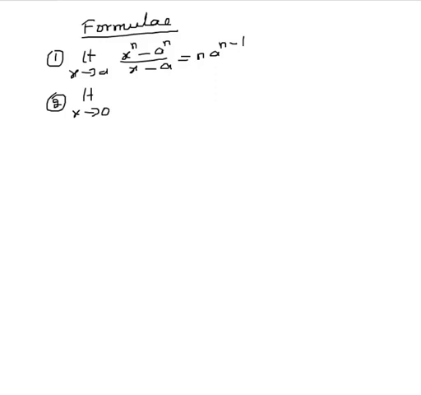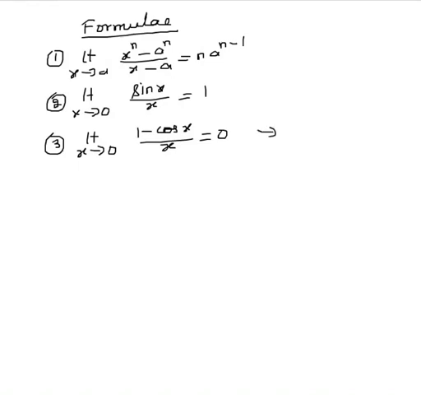Then the next formula, limit as x tends to 0 of sin x divided by x is 1. Third, limit as x tends to 0 of 1 minus cos x divided by x is equal to 0. Remember, this can be used only when it is in the numerator.